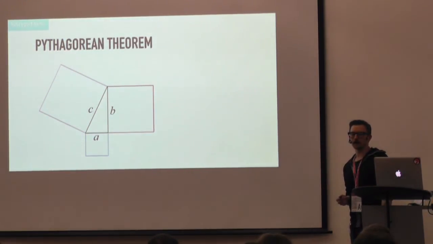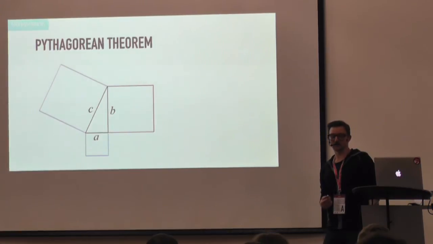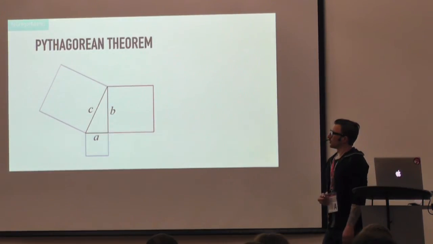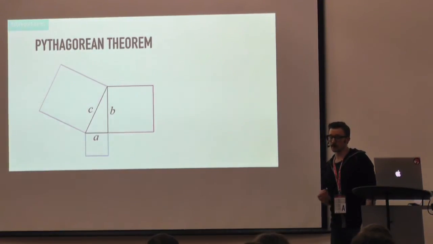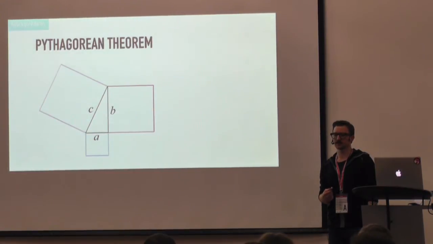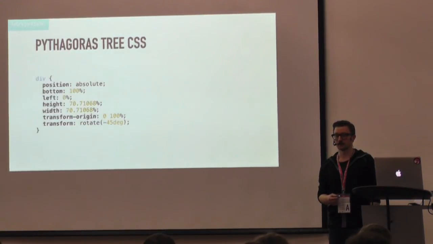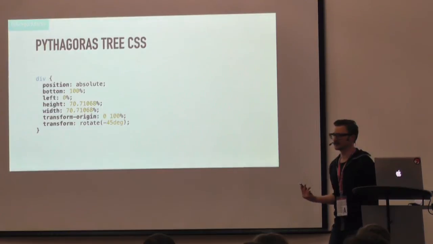And this just says the square of A and the square of B makes the square of C. And based on this function, I was able to implement the Pythagoras tree, and the logic is done in 7 lines of CSS. Don't believe me, this is the CSS.